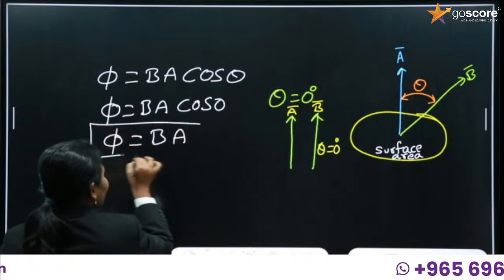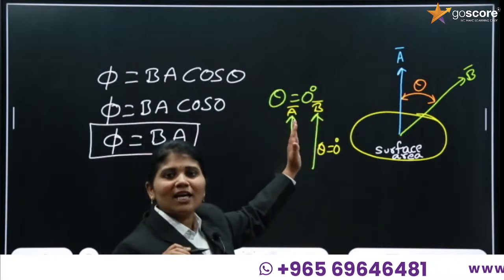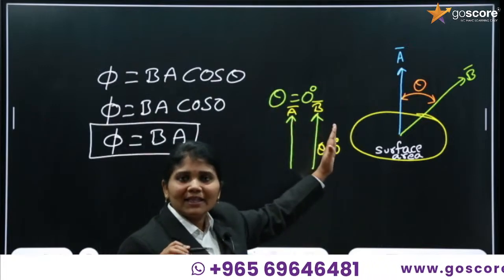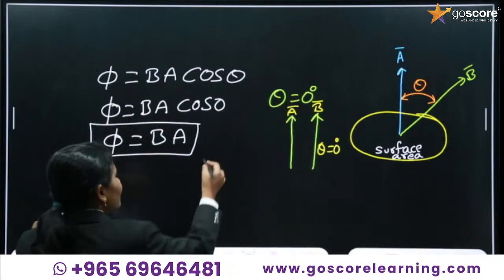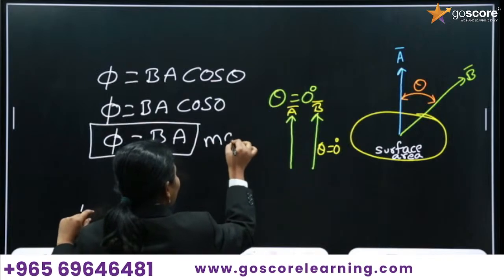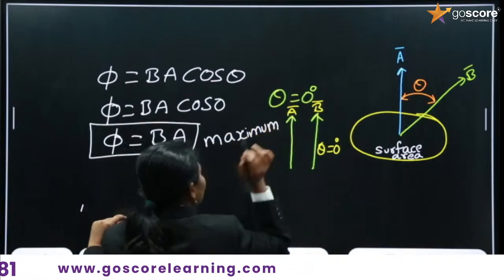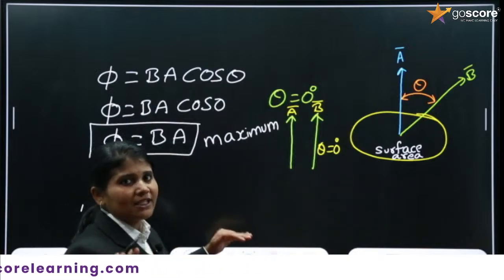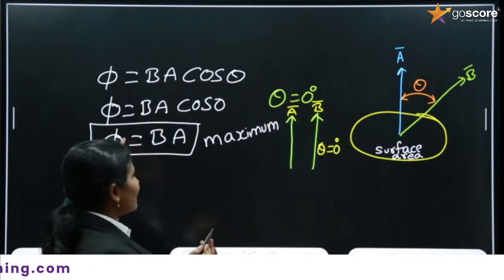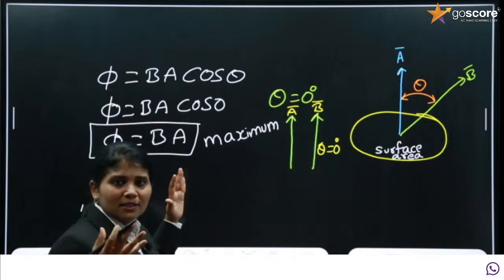So when the area vector and magnetic field lines are parallel, we get the maximum flux.